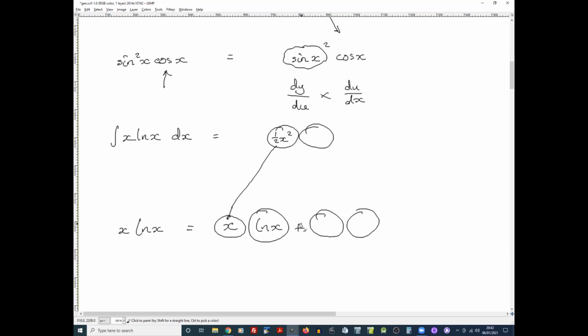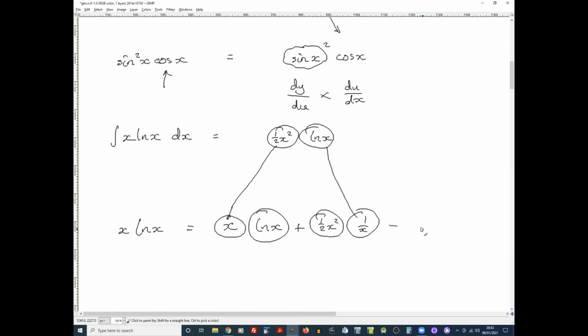Good. And then times log x. Log x goes to 1 over x. And that's obviously just half x squared. And then we would be subtracting that, and what is it?